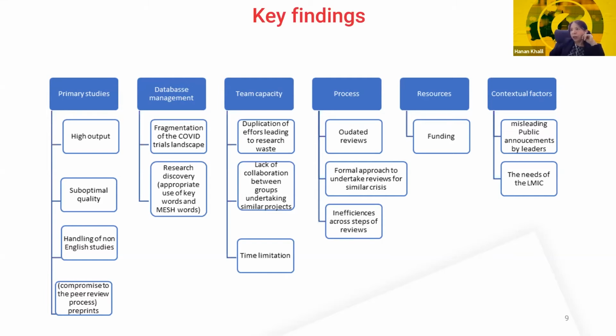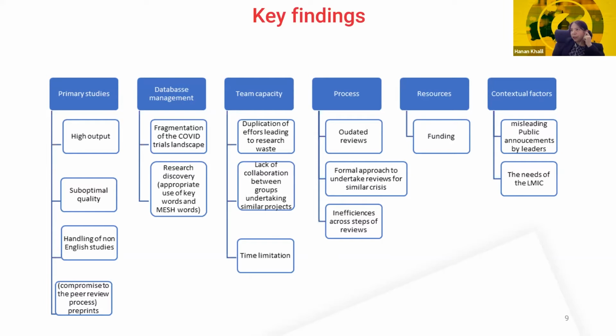We've also noticed there were problems with some of the keywords, some of the indexing of the pandemic, COVID-19 words, some of the MeSH words also. And that led to omission of some of the studies when you actually search them through PubMed and Medline because of the inaccuracy in their indexing.